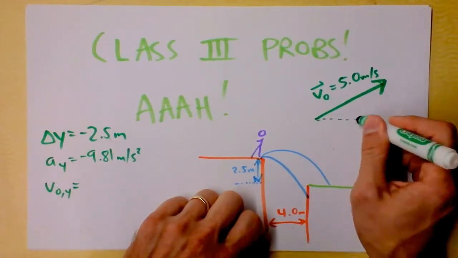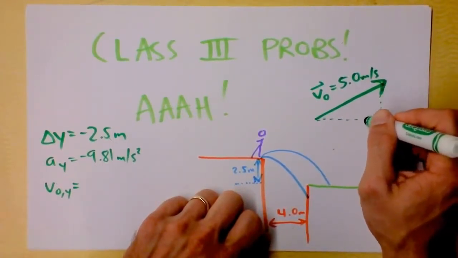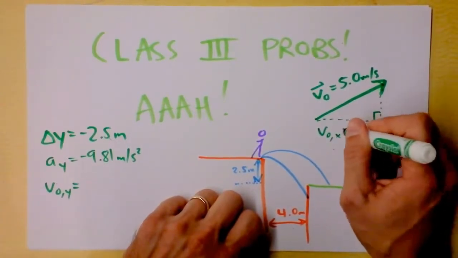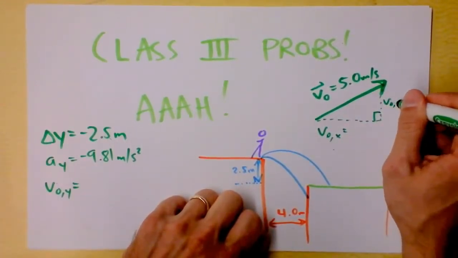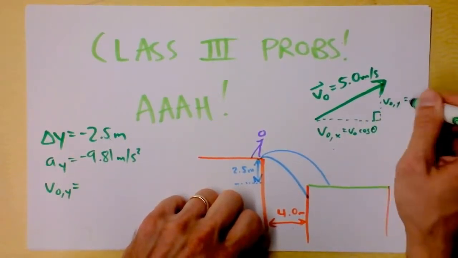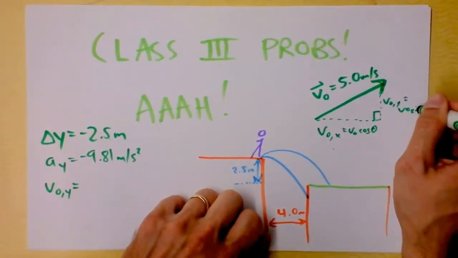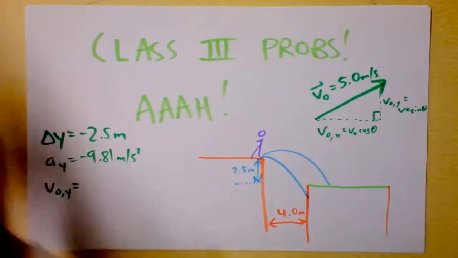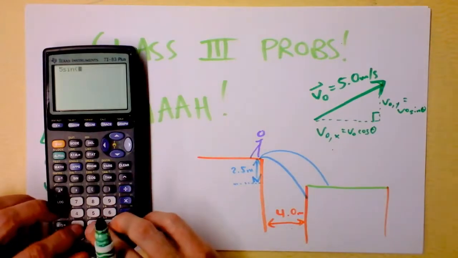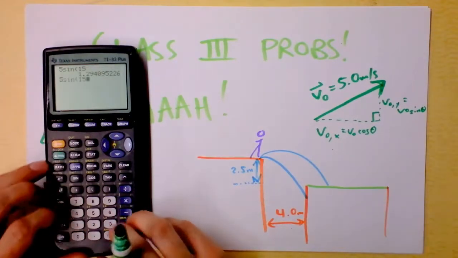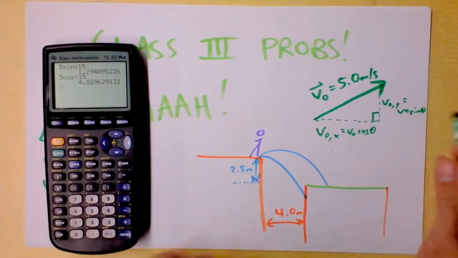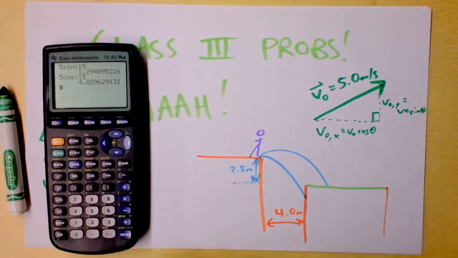If we resolve this, though, we're going to be talking about the x component, which is v naught comma x, and the y component, v naught comma y. This is just v naught times the cosine of theta. This is v naught times the sine of theta. Let's get some numbers on those. I'm talking about 5 times the sine of 15 degrees, and 5 times the cosine of 15 degrees. I enter those 2 numbers in my calculator, and I find these 2 numbers.